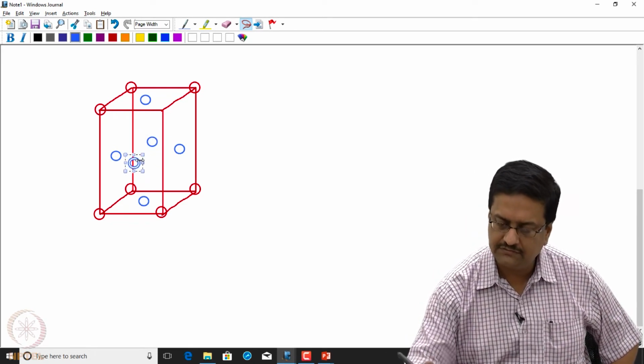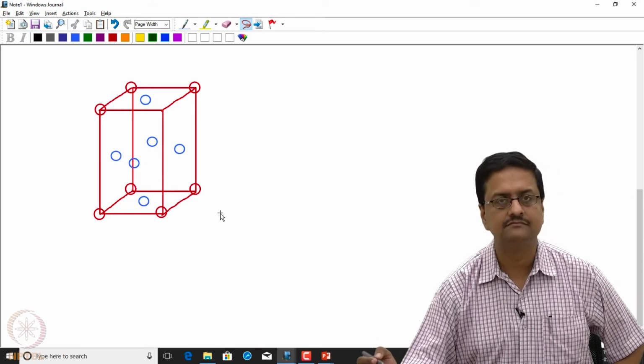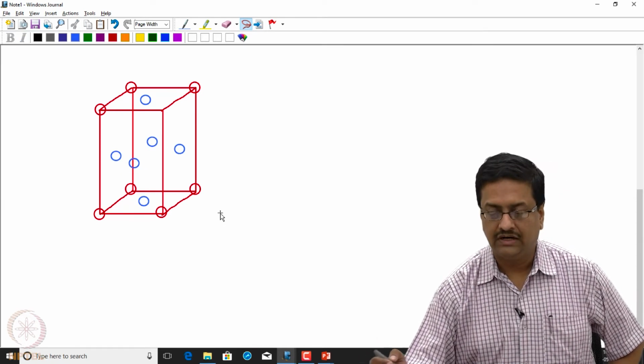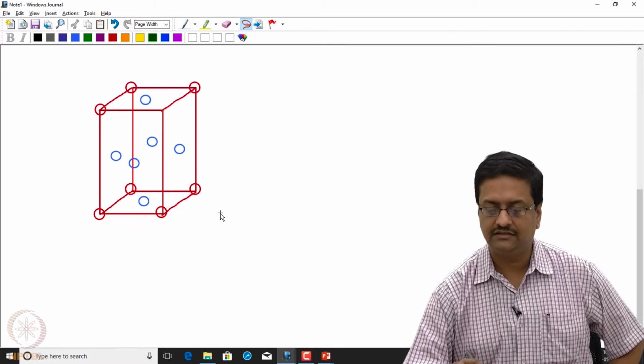So this is a face-centered tetragonal lattice. But as I said, face-centered tetragonal lattice does not exist.